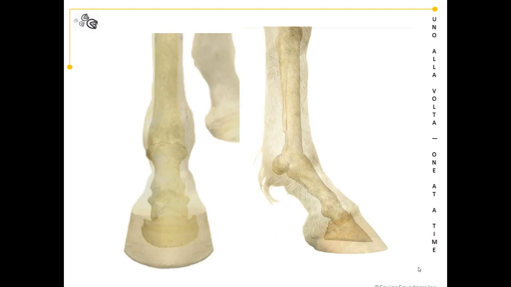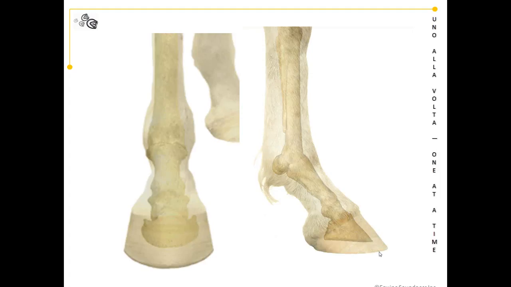You can see what's going on in the hoof by looking at the hoof capsule, and you will start to learn to visualize the skeleton inside the hoof capsule. And this is what we're going to try to work on tonight.